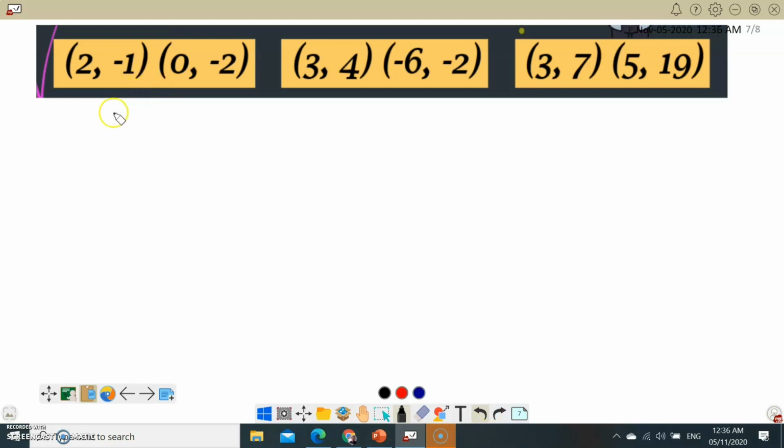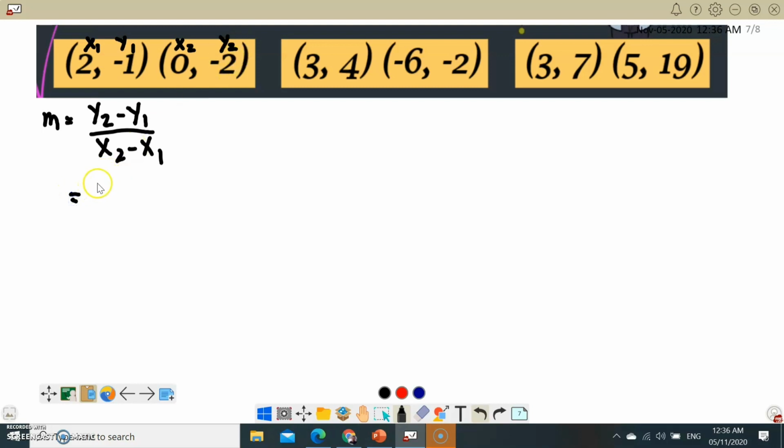So given 2 points, we use the formula slope is equal to y sub 2 minus y sub 1 over x sub 2 minus x sub 1. So let's denote that the first coordinates are x sub 1 and y sub 1. The second coordinates are x sub 2, y sub 2. Then substitute the values.